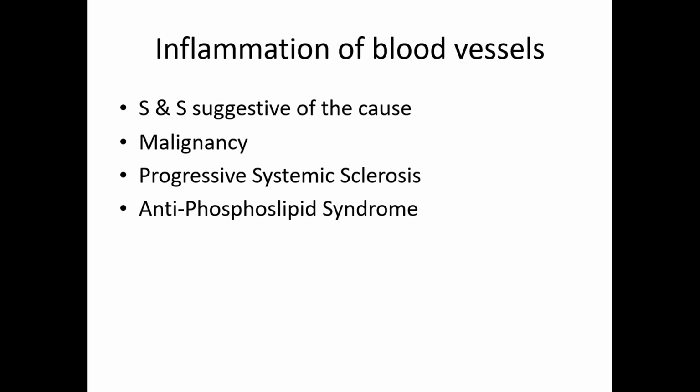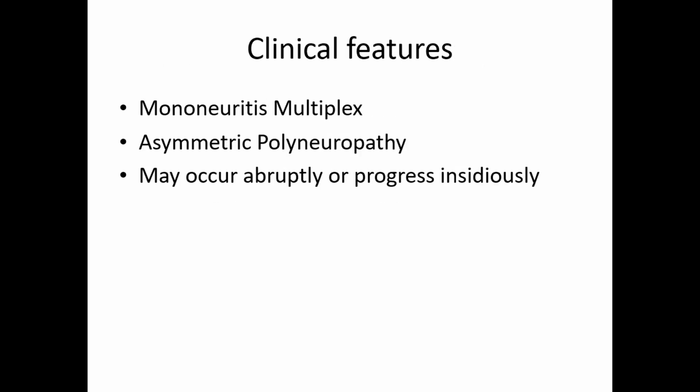Earlier on, there was one case presented, and there was a discussion that we need to have an antiphospholipid screen for these patients as well, because in antiphospholipid syndrome, you know that the treatment is anticoagulation rather than immunosuppression. The presentation can also vary: mononeuritis multiplex, asymmetric polyneuropathies, and so on.